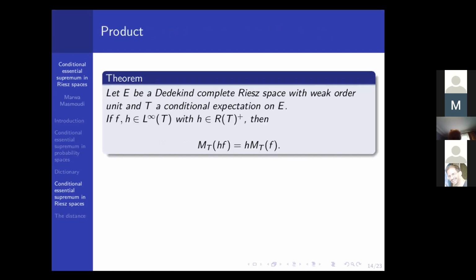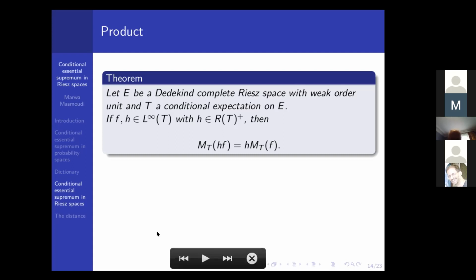We are now prepared to discuss the problem of multiplication under conditional supremum. This problem is likely of fundamental importance since it has not been studied in the classical case. For the class of positive elements in the range of T, we proved that conditional supremum has similar property as the conditional expectation.